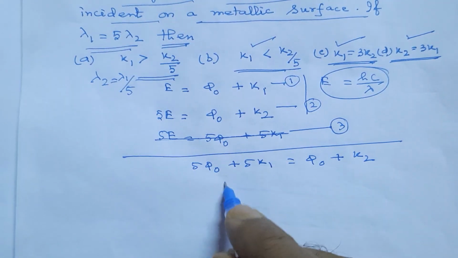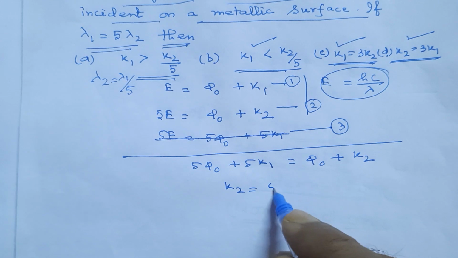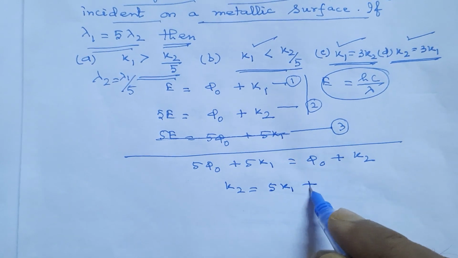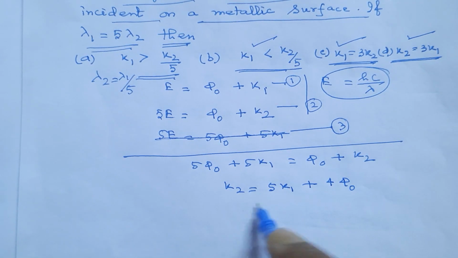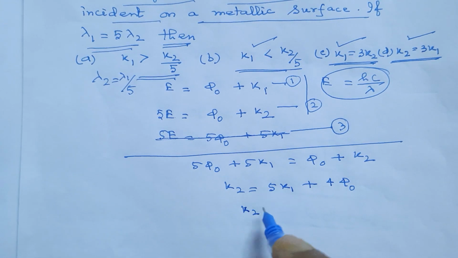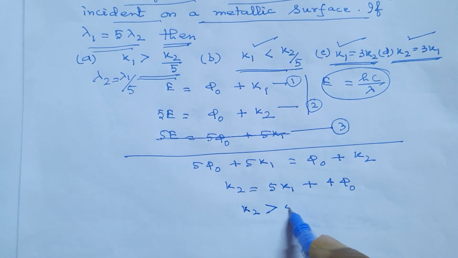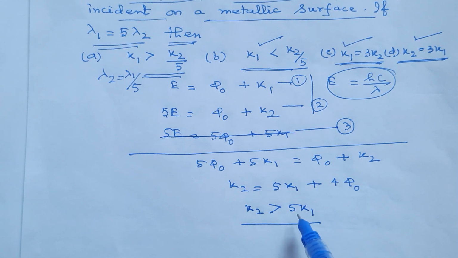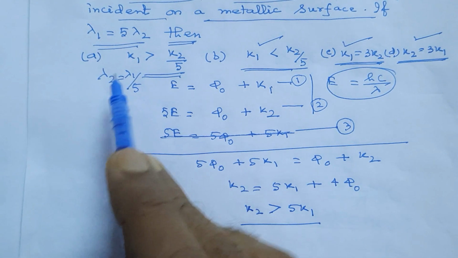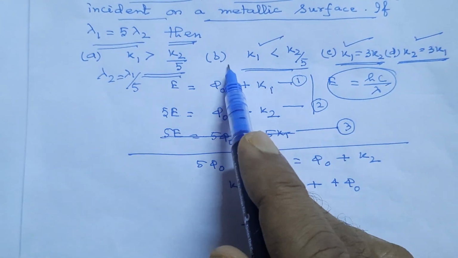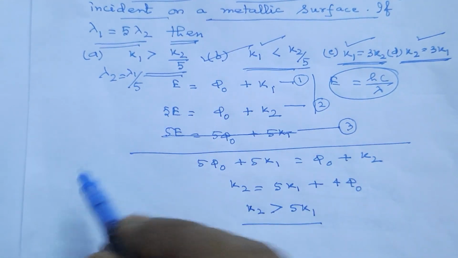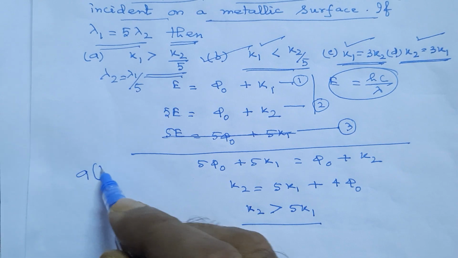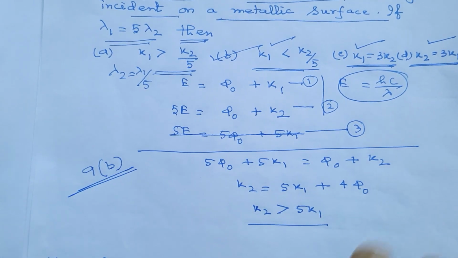So K2 equals 5 K1 plus 4 phi 0. So K2 is greater than 5 K1. So B is the correct option. The correct option to question number 9 is B.